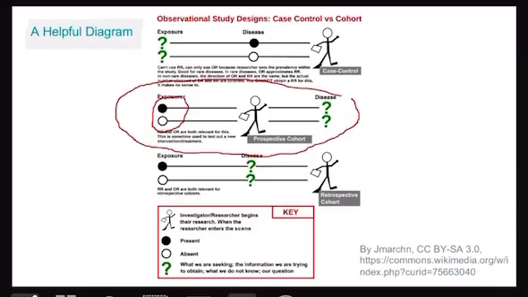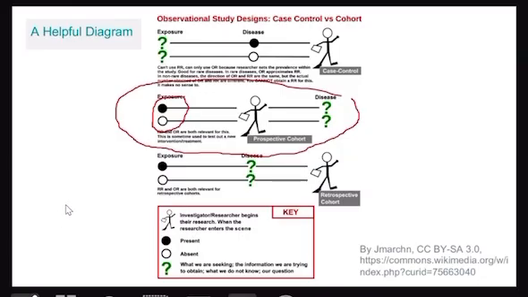You want to wait to see if they will develop the disease. That is why you see a question mark on the disease.